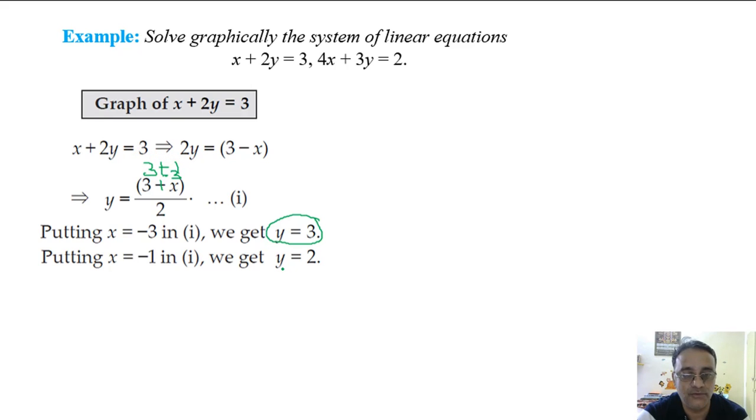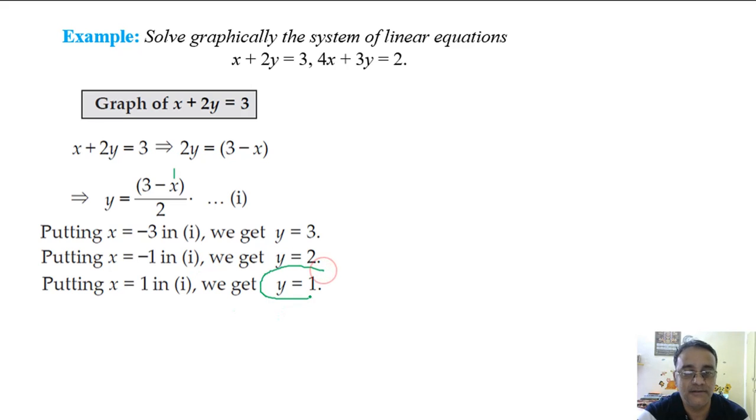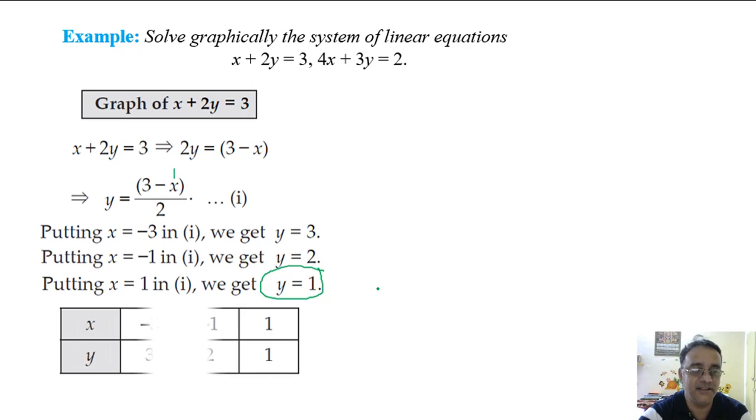So 4 by 2, that gives y is equal to 2. If I substitute 1, 3 minus 1, 2. So 2 by 2 is 1. So we got three values: minus 3, 3; minus 1, 2; 1, 1. These three values we will write in a table. Okay, this is for the first equation.